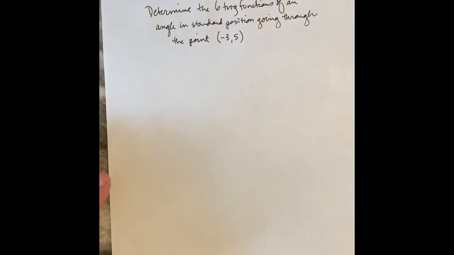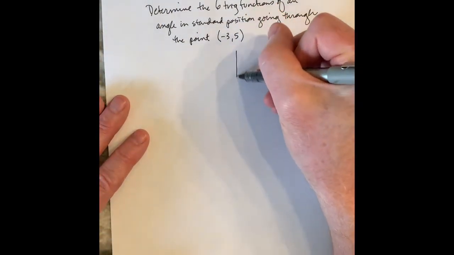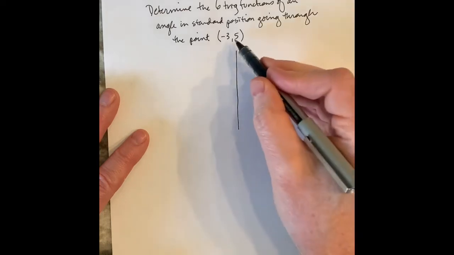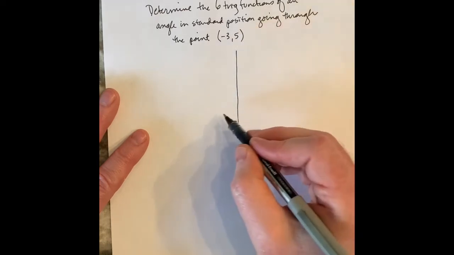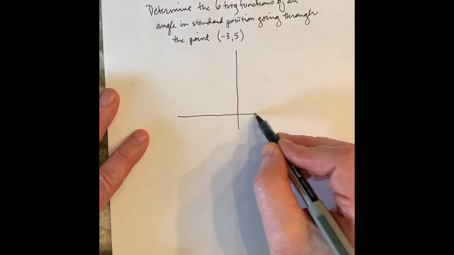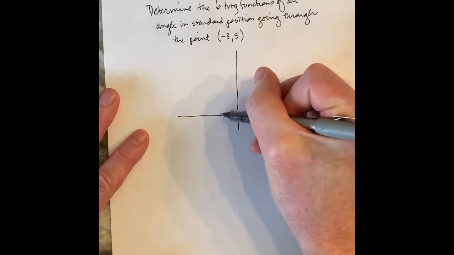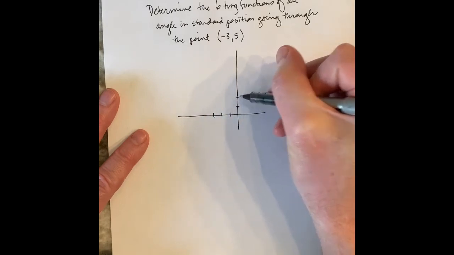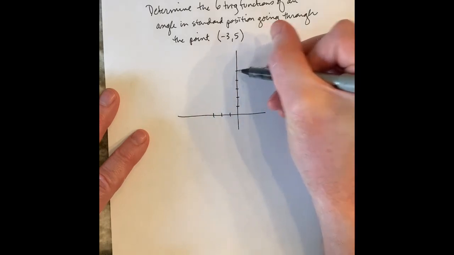That's not super easy, but whatever. So if you think about the image of this, if I have a movement of left 3 and up 5, I would be over there in the second quadrant. So if I go left 3 and then up 5, there's my point.